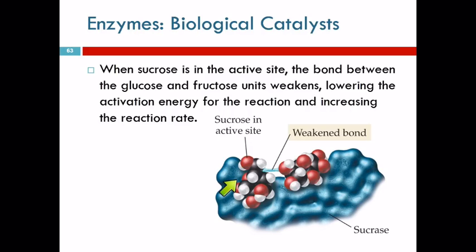Sucrose molecule comes in here and snuggles in, but when it does that, it gets stretched a little bit, and that weakens this bond that needs to be broken. When that bond is stretched and weakened, the activation energy is lowered, and the reaction rate occurs much faster. Once that bond is broken, the fructose and the glucose move off, and another sucrose molecule comes in. Very neat.